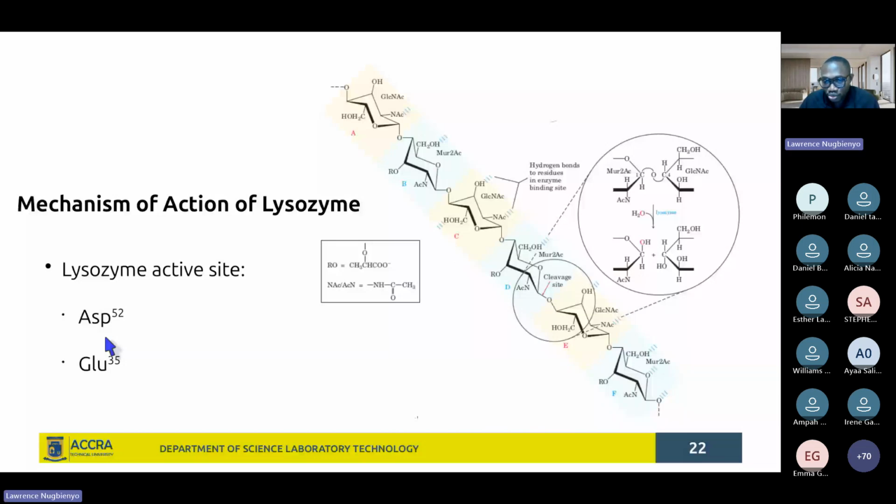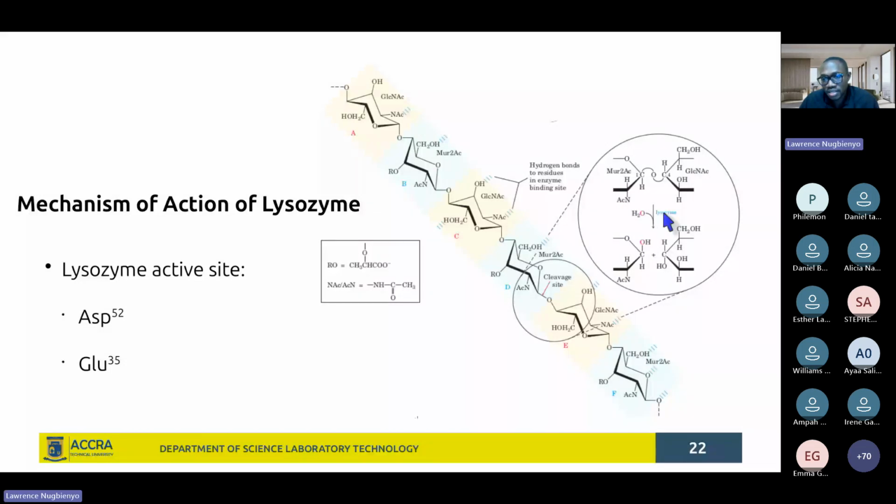The bond which is to be broken, which is that glycosidic bond between N-acetylglucosamine and N-acetylmuramic acid, is what is being referred to as the cleavage site. And that has been magnified for you to see that there is a glycosidic bond between N-acetylmuramic acid and N-acetylglucosamine.